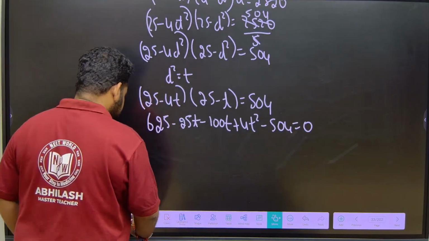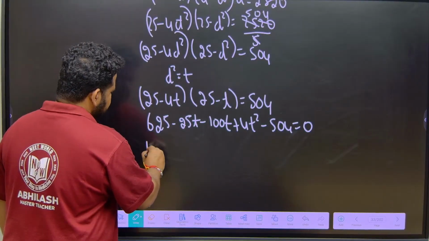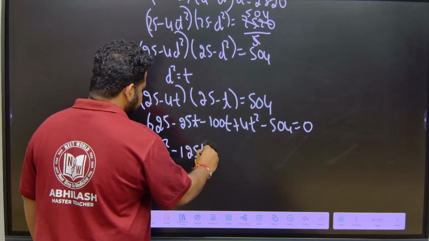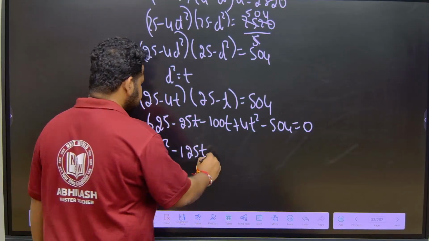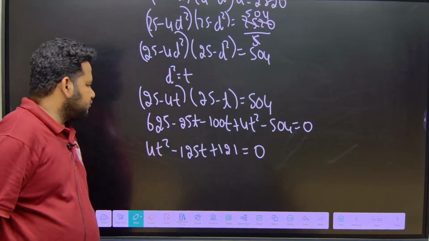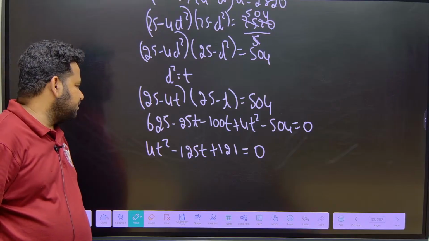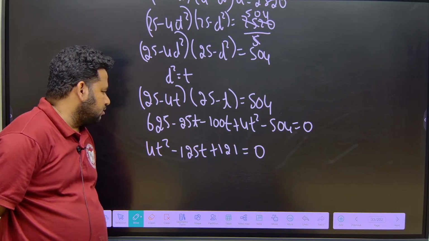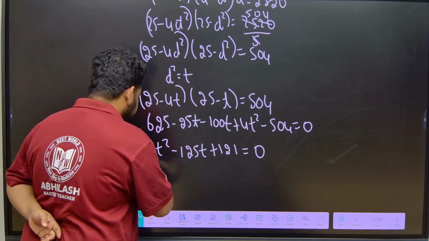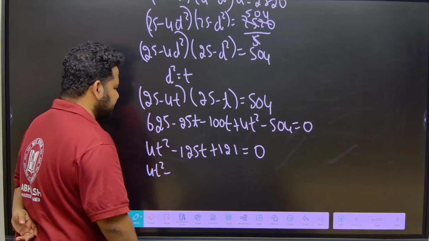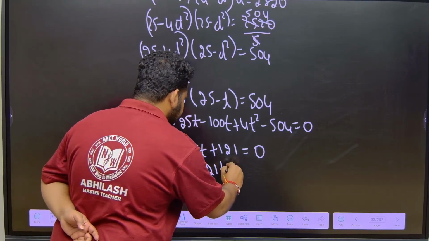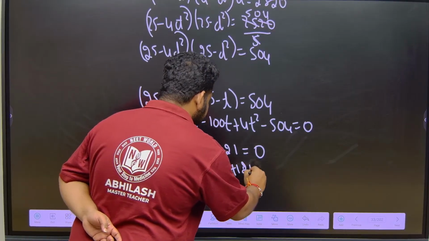Now look at this, what we have: 4t square minus 125t, and 625 minus 504 gives plus 121, is equal to 0. So 121 into 4, we can take the factors such that we write 4t square minus 4t minus 121t plus 121 is equal to 0.